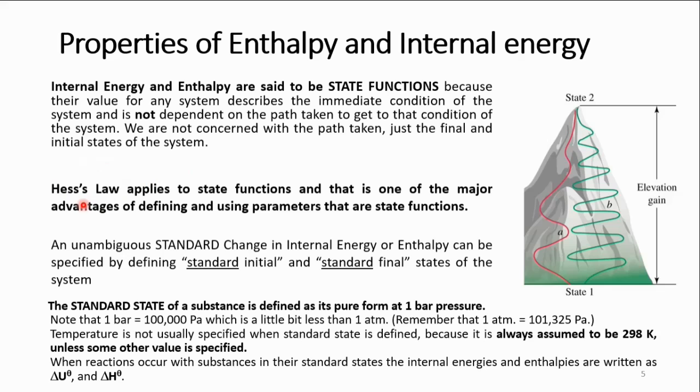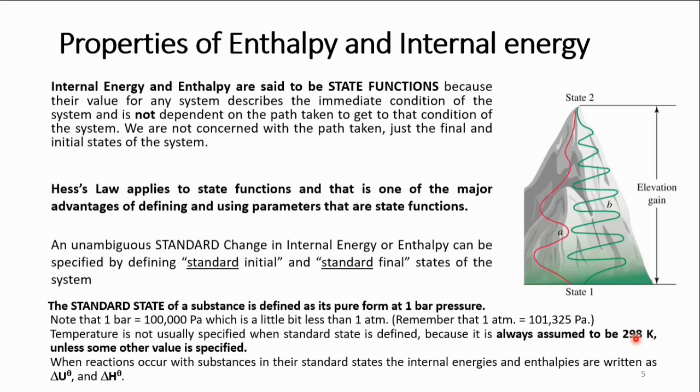Now, of course, we have to define what we call standard states. An unambiguous standard change in internal energy or enthalpy can be specified by defining standard initial and standard final states of the system. What do we mean by this standard state of a substance? The standard state of a substance is when the substance is in its purest form at 1 bar pressure. Furthermore, once somebody refers to something as being standard, we're thinking about 298 Kelvin.